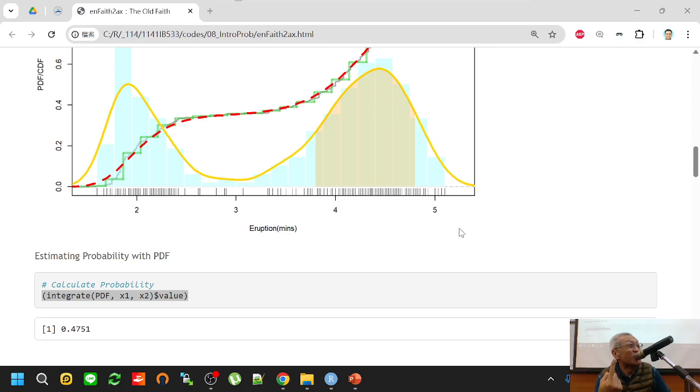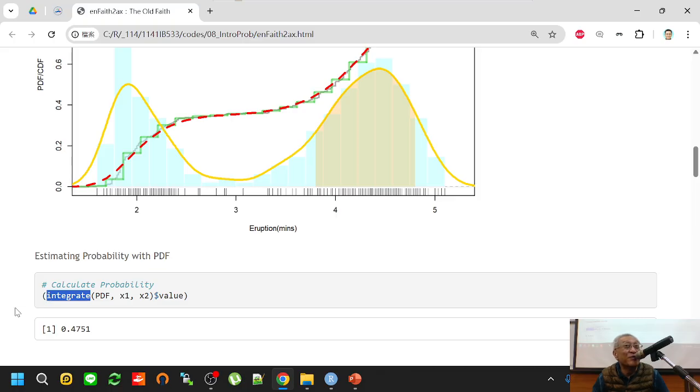It's a density function, right? So if you take all of the possible values, then the probability is 1, right? But if you only want to calculate the value within a certain period, this is the way to calculate the value. Okay, you need to do an integration.